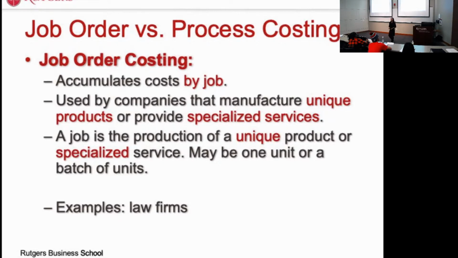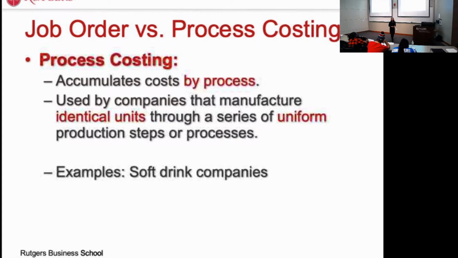And we have another cost accounting system, which is called the process costing. And we're going to talk about it in detail in the next chapter. But we need to first differentiate between the two. Okay, so a process costing system, unlike job order costing system, which accumulates costs by job, accumulates costs by process.